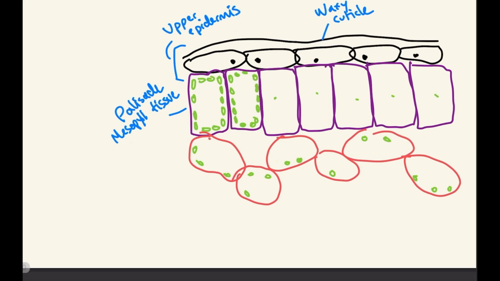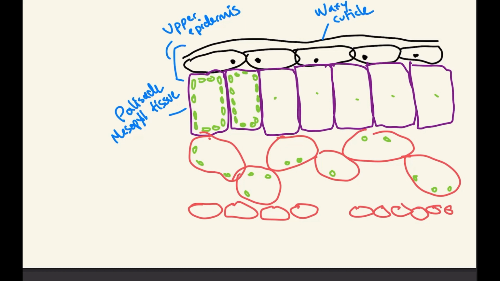Then we reach the lower epidermis, and these also look similar to the upper epidermis, except they have little holes in them, which are called stomatas. So this layer is called the spongy mesophyll tissue.